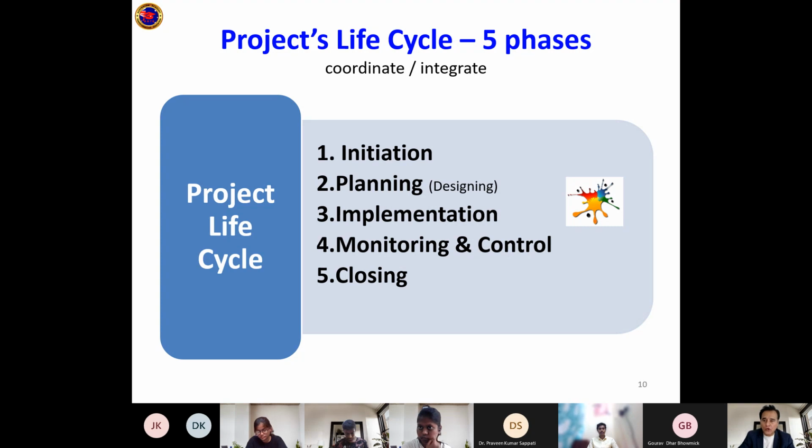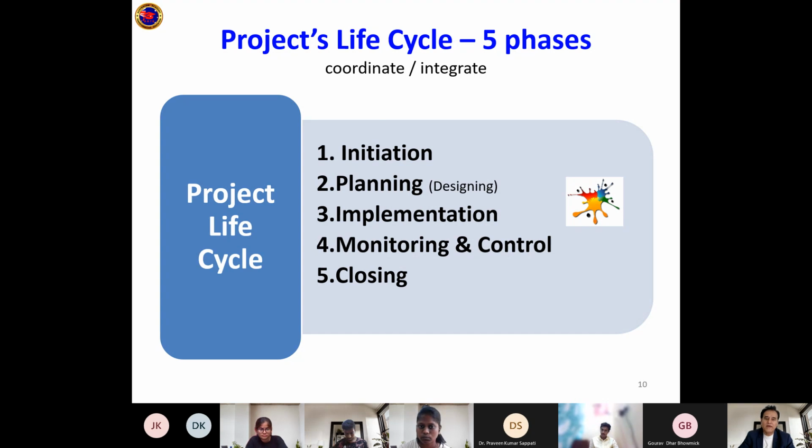So the 5 phases of the project and the 10 functions are the functions of a project manager, and the project manager integrates, coordinates, or manages all the 5 phases and all the 10 functions.